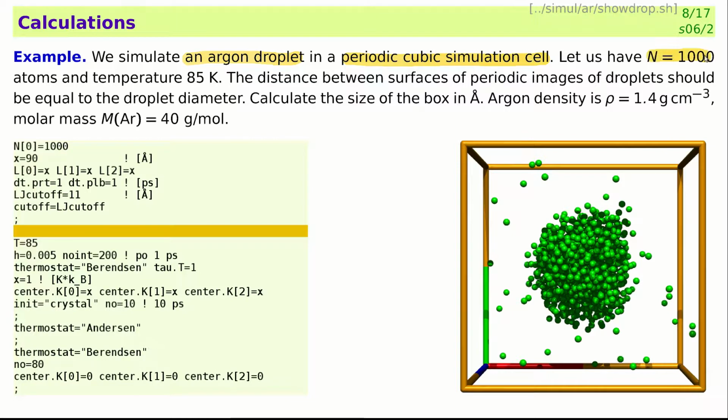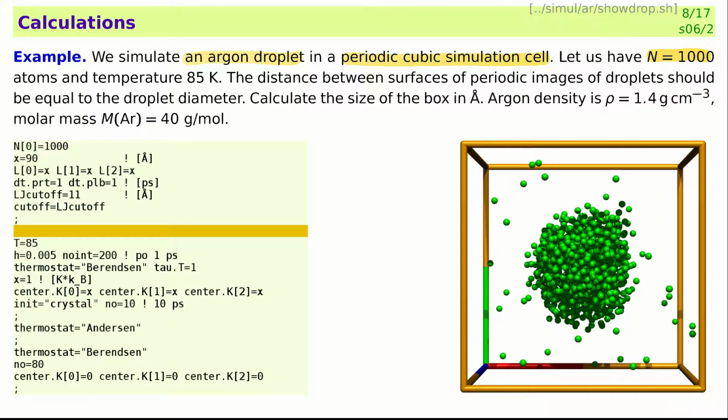And let's have 1000 atoms. We will simulate it in periodic boundary conditions, because there is vapor here, and if we used free boundary conditions, a certain portion of the argon atoms would evaporate and it would freeze inside.